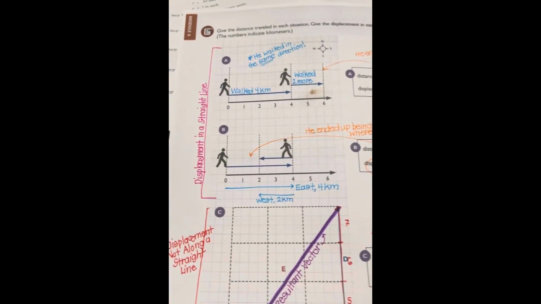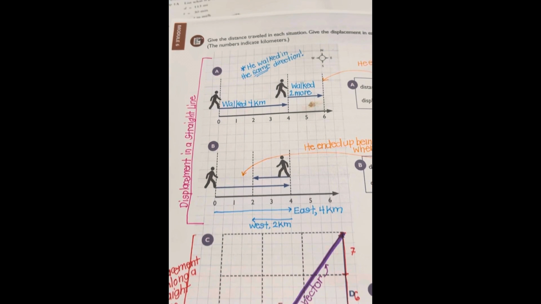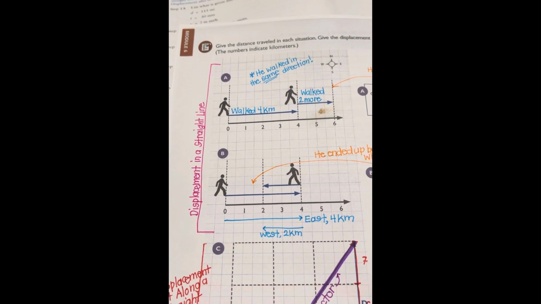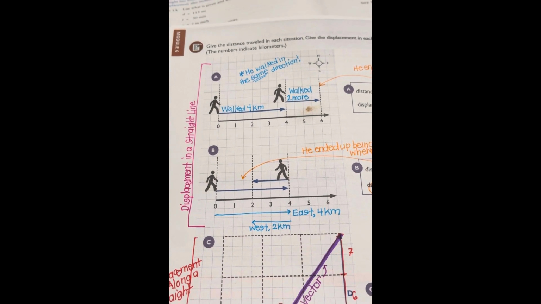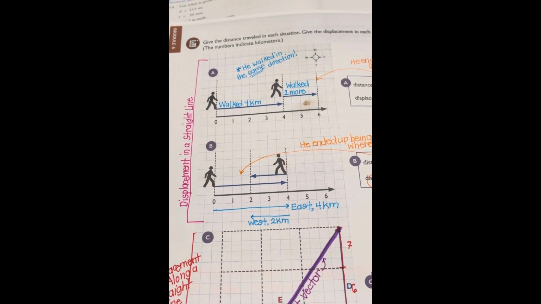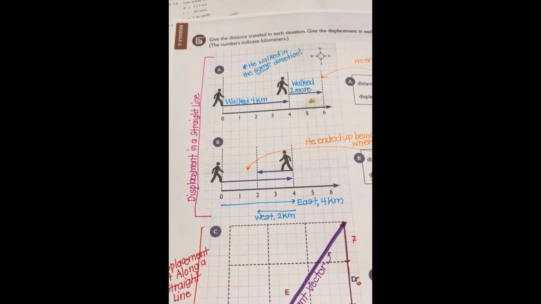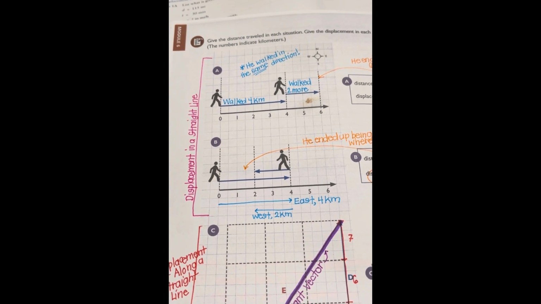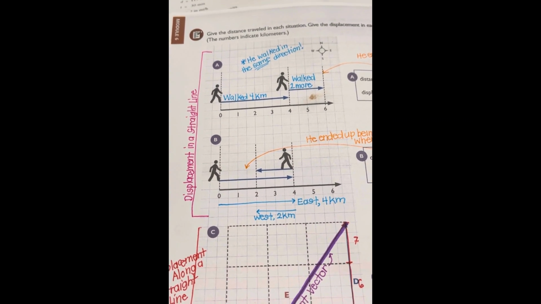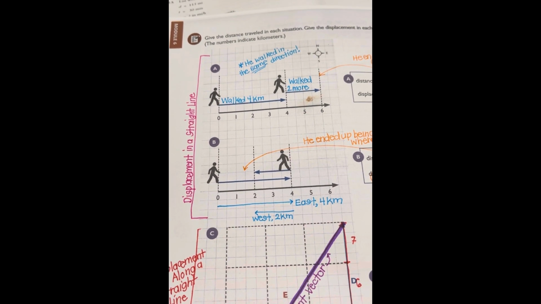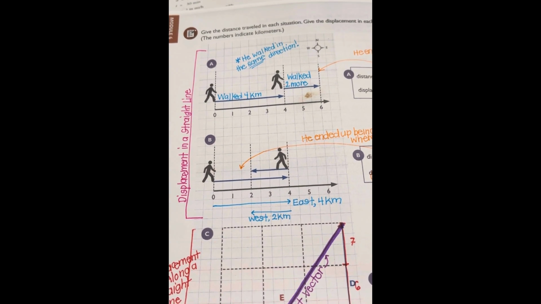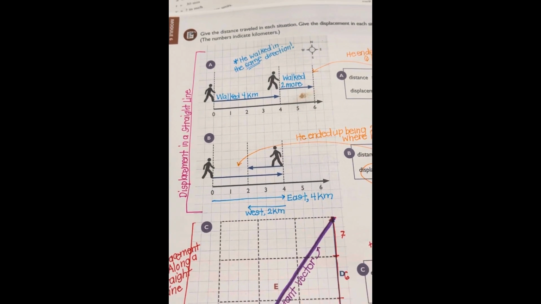We have some people walking. All right, so let's talk about A, which is displacement in a straight line. So this guy was walking. He walked 4 kilometers, needed to stop, take a break. Then he walked 2 kilometers more. Both times he was walking in the same direction. Based on the compass rose up there, we can call it east.